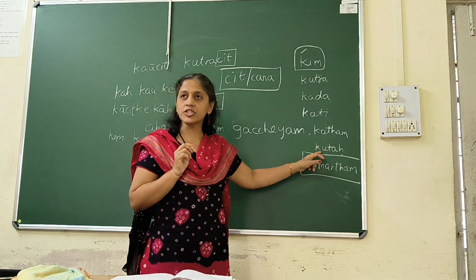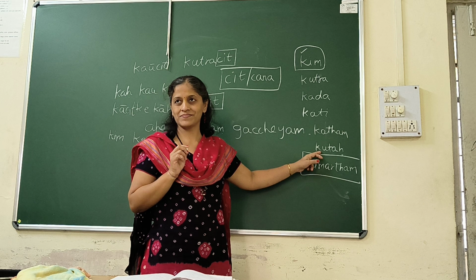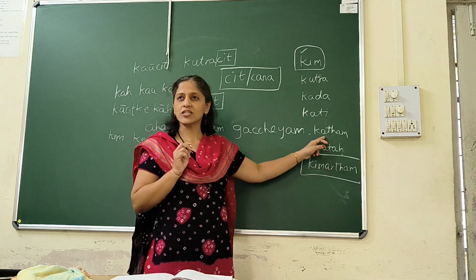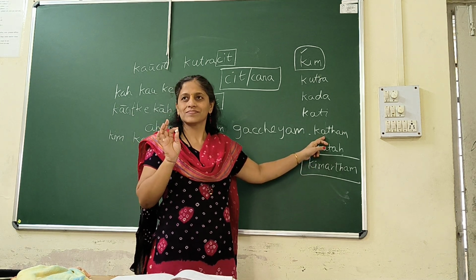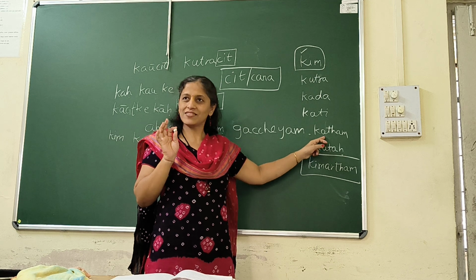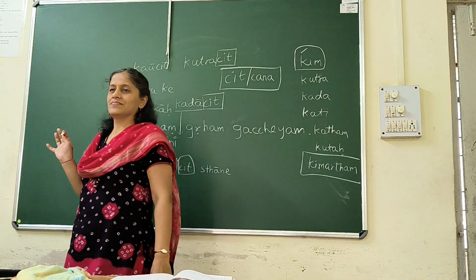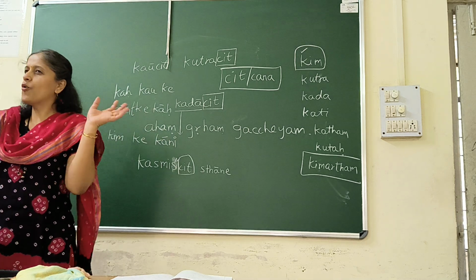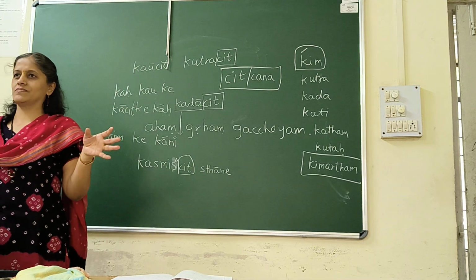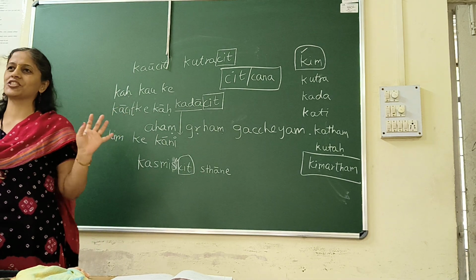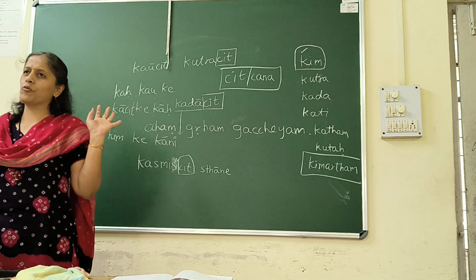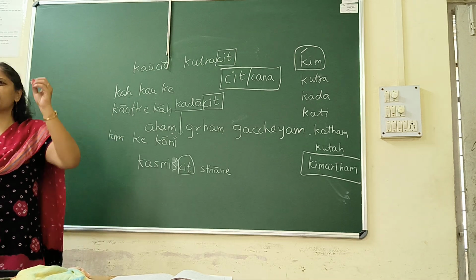If you say kuttaschit, it means from somewhere. Kathanchit, somehow. Katham is how. Somehow I could answer the question. Kathanchit, I could answer the question. Same meaning: somehow. Very difficult, but somehow I could manage.